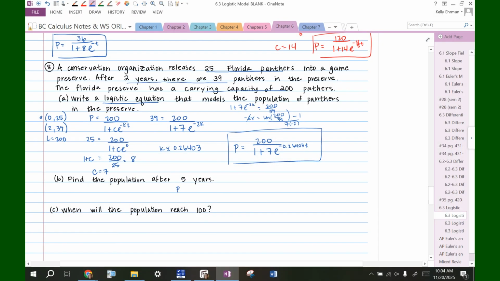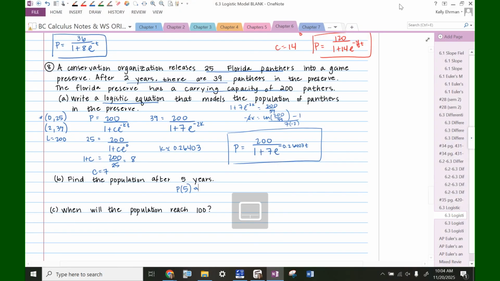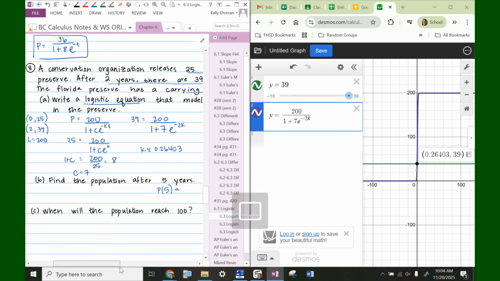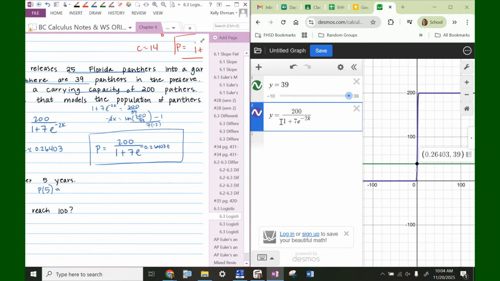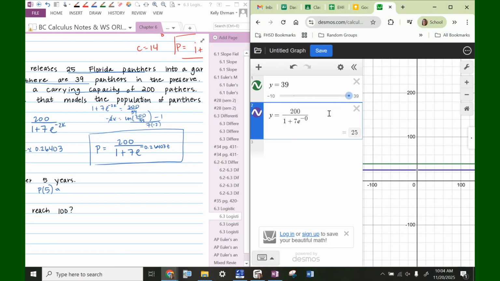So this is just find P of 5. I do need to make some adjustments to what I have typed into Desmos. I don't quite have the full P equation on here. I need to erase what I have in my exponent. Negative is still in there, 0.26403.